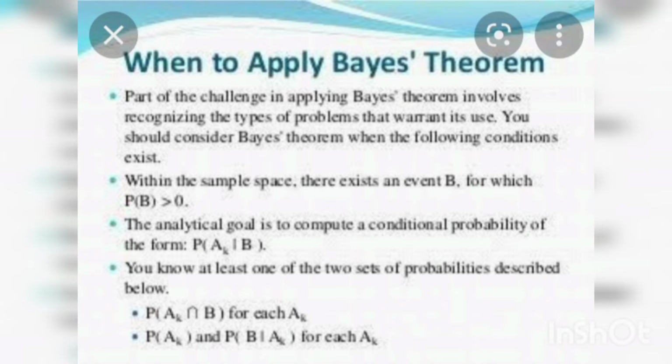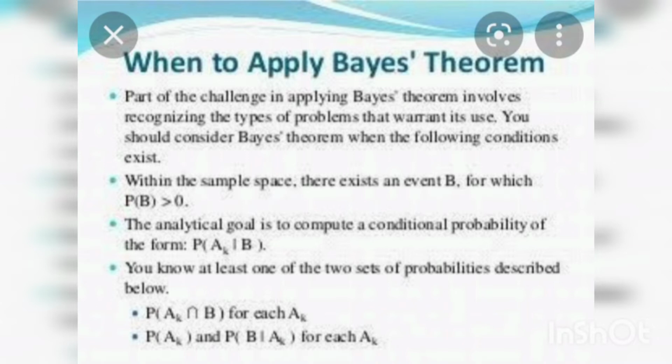Here, according to the Bayes theorem, these are some rules that must hold when we solve complicated problems. The first one is the sample space of the event. Let us consider B is an event, and P of B must be greater than 0. Only then do we apply the Bayes theorem.